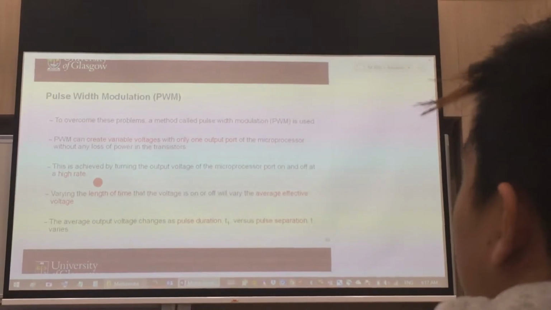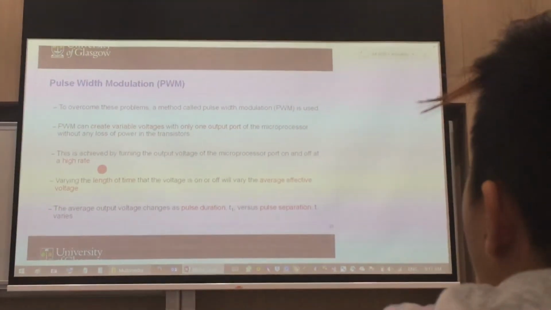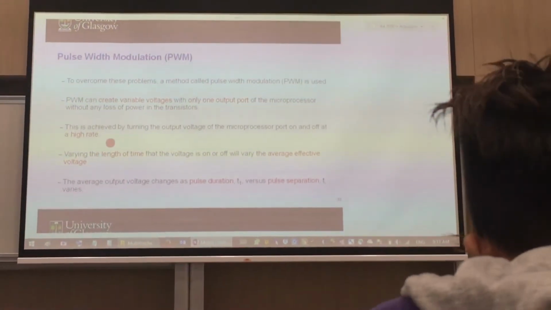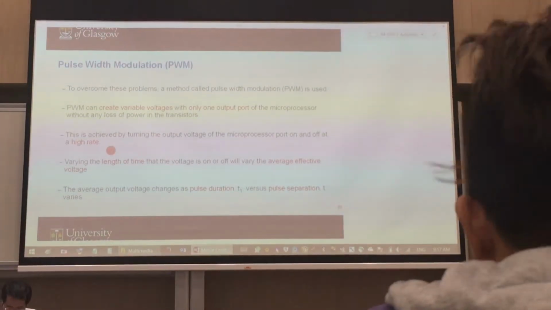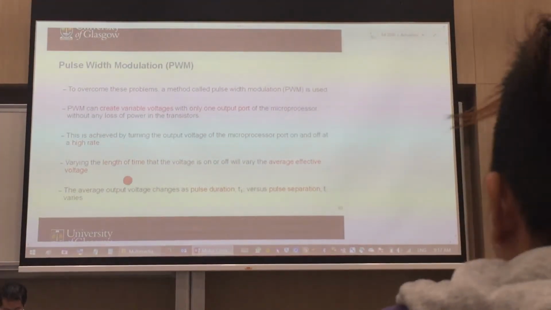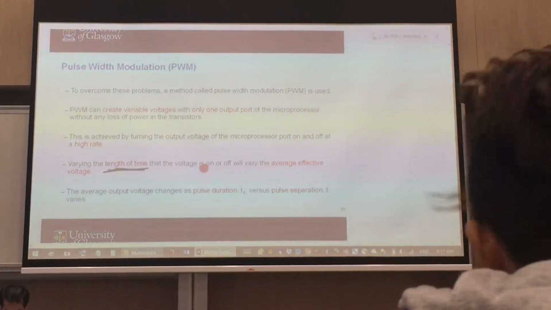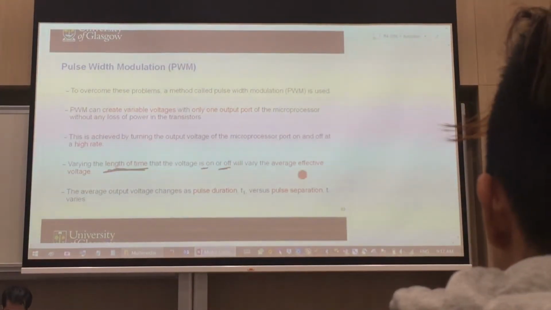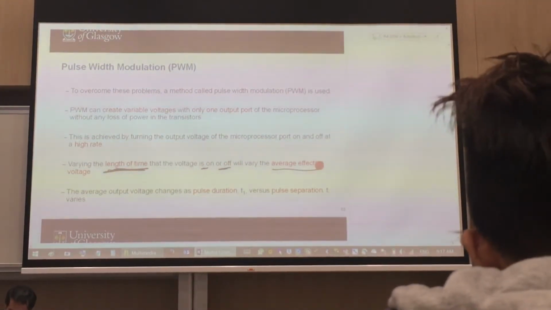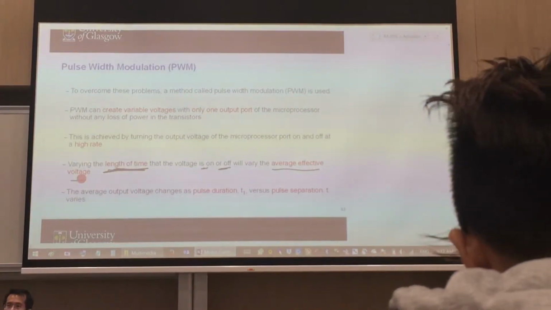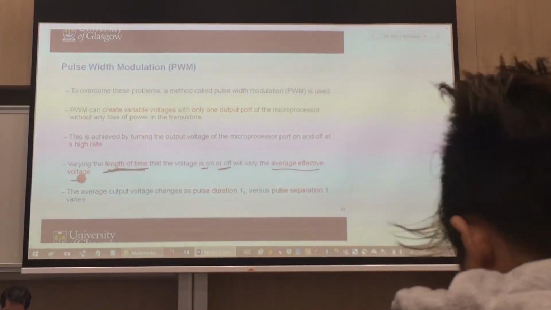So that's what we're trying to do. You could see that what I was doing is varying the length of time when it's on or off, such that I achieve an average effect, or average effective voltage.